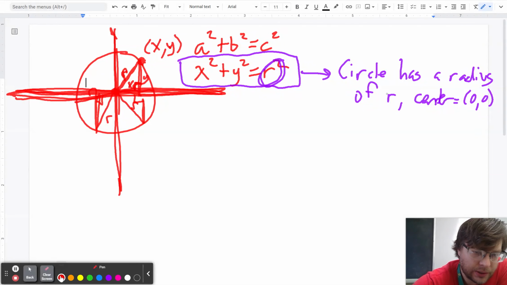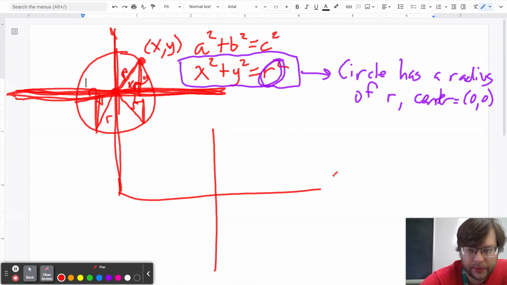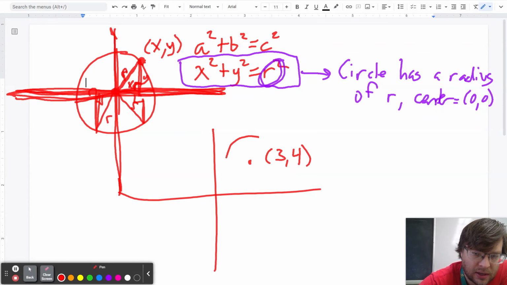So now what do you do if your circle is not centered at the origin? Let's take an example. Let's say that my circle is centered at 3, comma 4, and goes like this. Now, if I want to choose a random point on the outside of the circle, some random xy point, I can still build my right triangle like this.